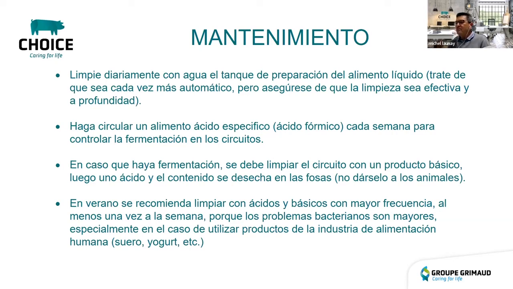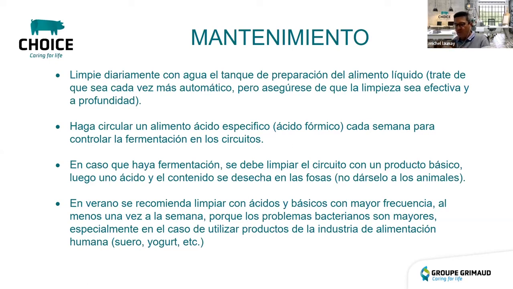Now more and more liquid systems take this into account, and they have automatic pipes that clean the system. What we recommend is also to circulate food acid in the pipes and circuits every week, to control the fermentation in the pipes.